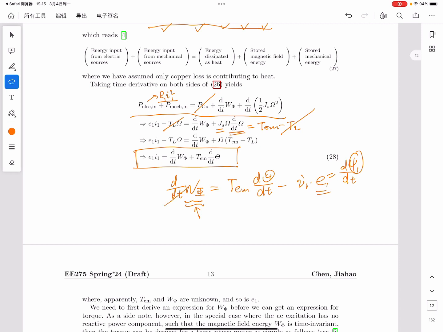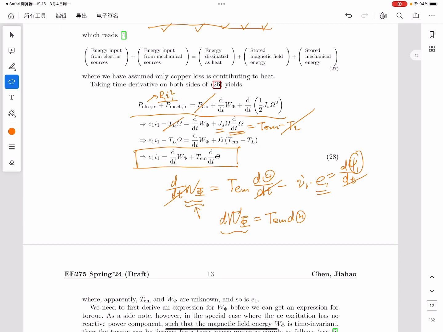Then we can eliminate dt from both sides of the equation. Then this equation becomes independent of time. That's why we say we have derived the total differential for our magnetic energy.